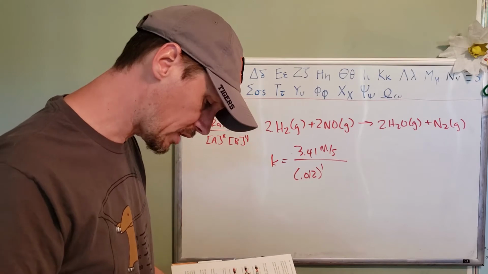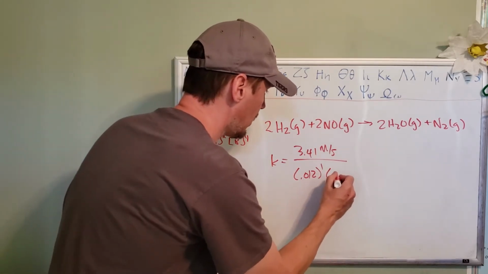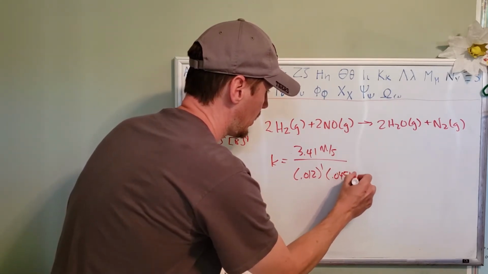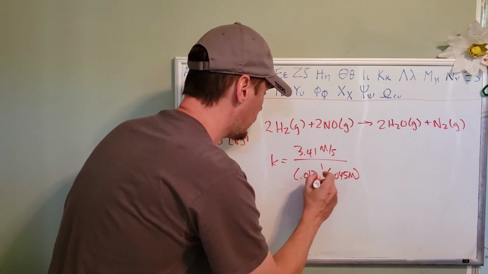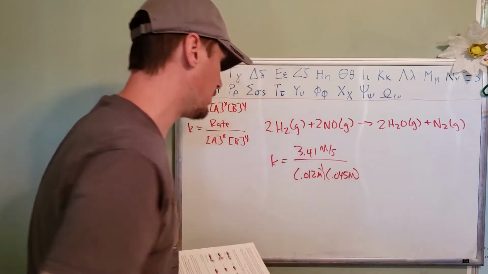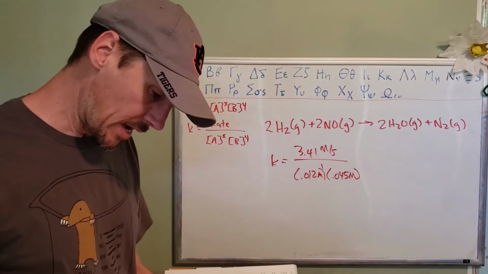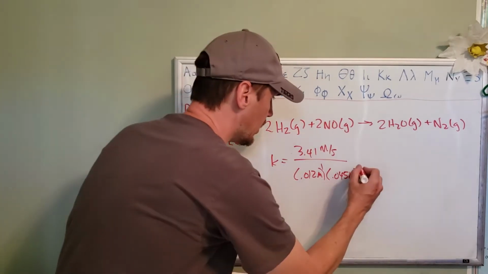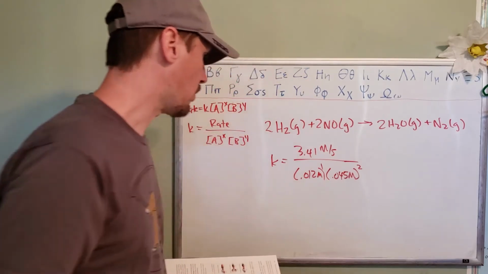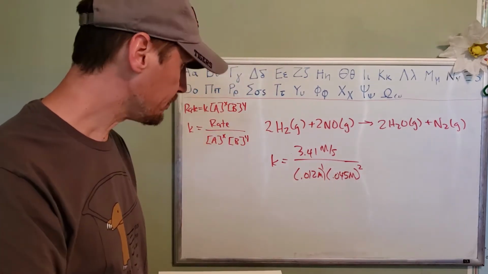And then the concentration of NO is 0.045 molarity. I forgot my unit there; I want to put that in because the units are going to be important at the end here. And it tells us that this particular reaction is second order with respect to NO, so we're going to put a power of 2 on that, okay?